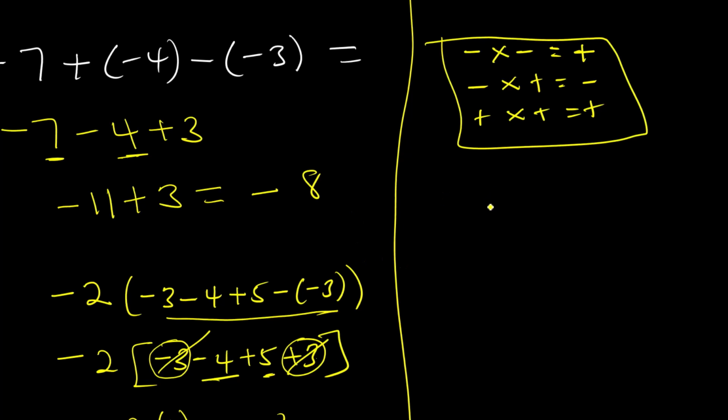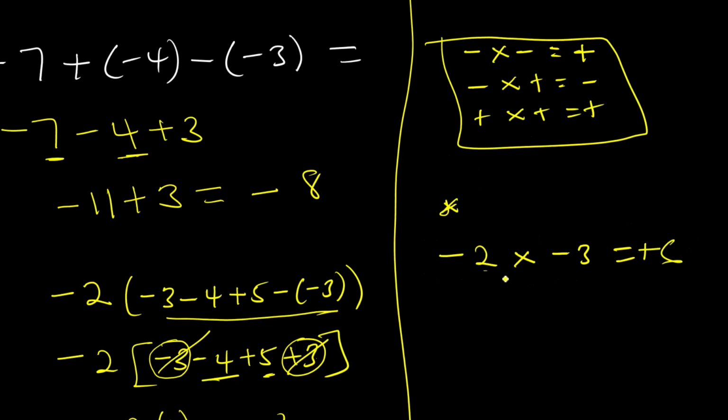So let's deal with this one. Minus 2 times minus 3. Minus times minus is plus. 2 threes are 6, so this one is plus 6.